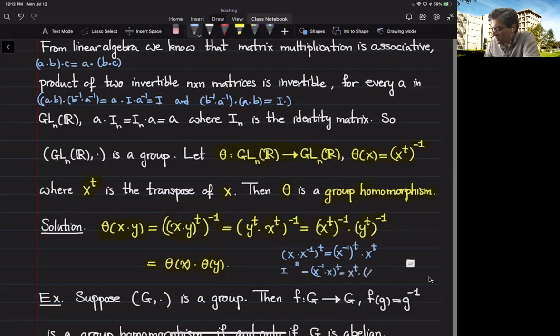From here, we deduce that x transpose is invertible, and moreover, x transpose inverse is the same as x inverse transpose. So it doesn't matter what order I pick, therefore theta of x is invertible, and it's a well-defined function.